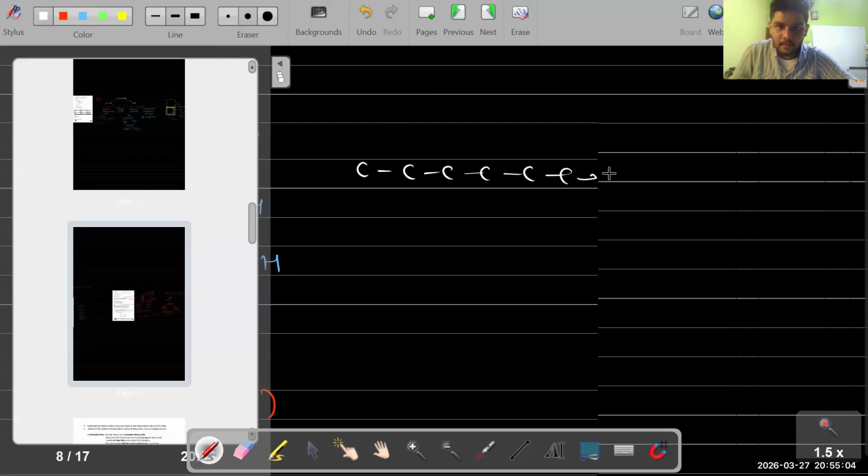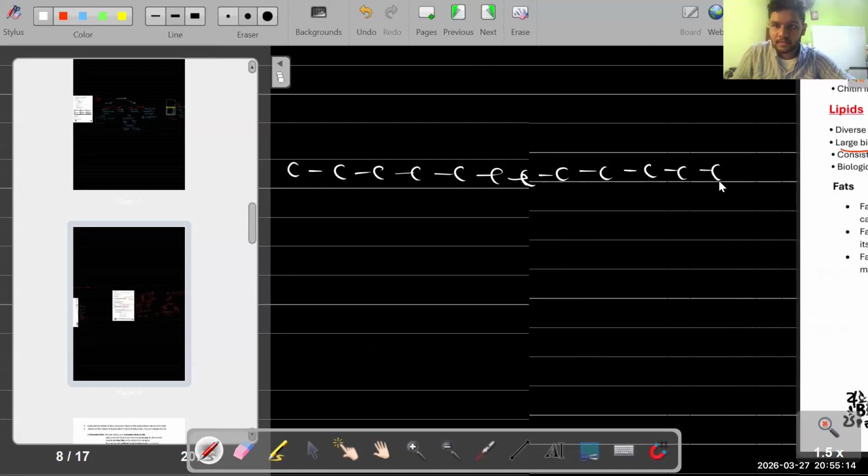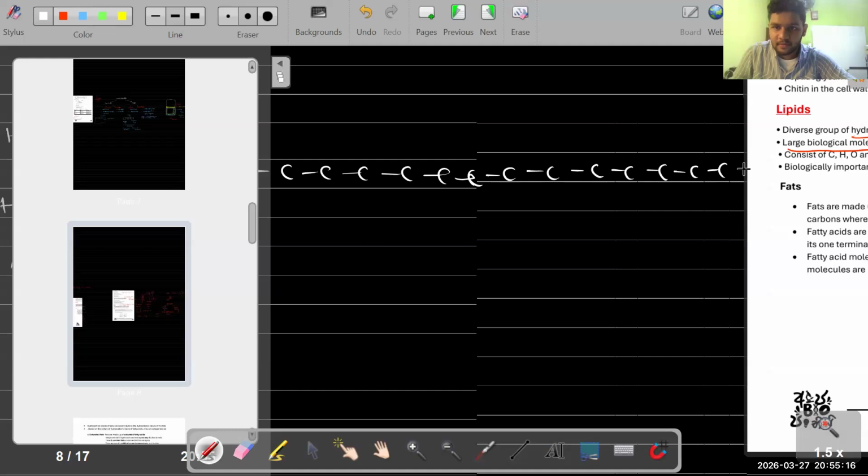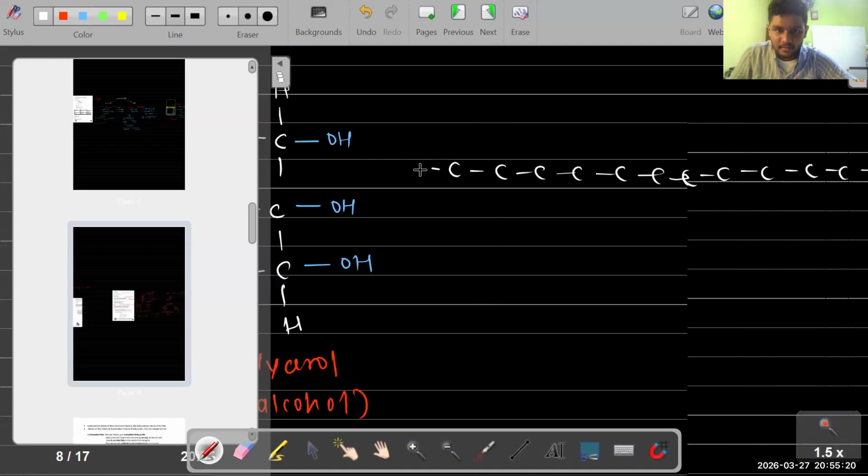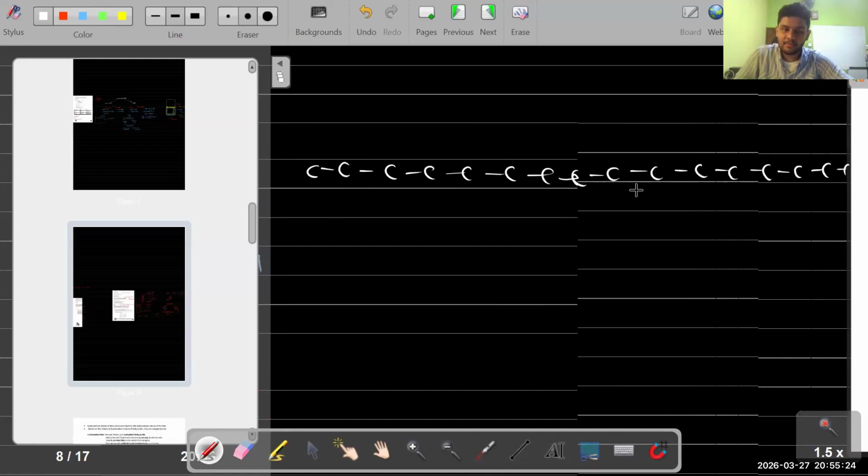Like this. 1, 2, 3, 4, 5, 6, 7, 8, 9, 10, 11, 12, 13, 14, 15. Let's take 16. It will look like this, 16 carbon atoms, or 18. 16 to 18. It will be varying.